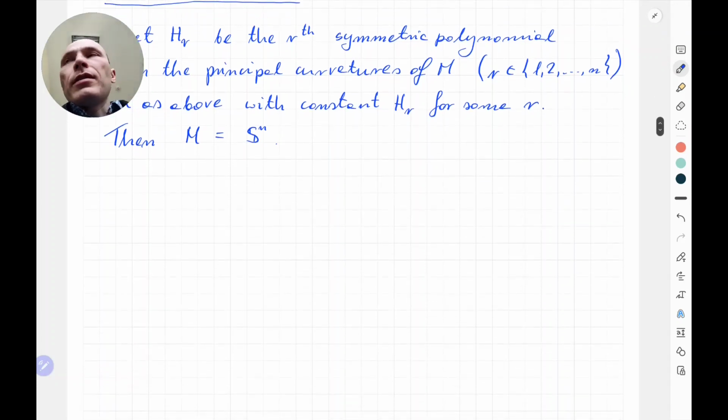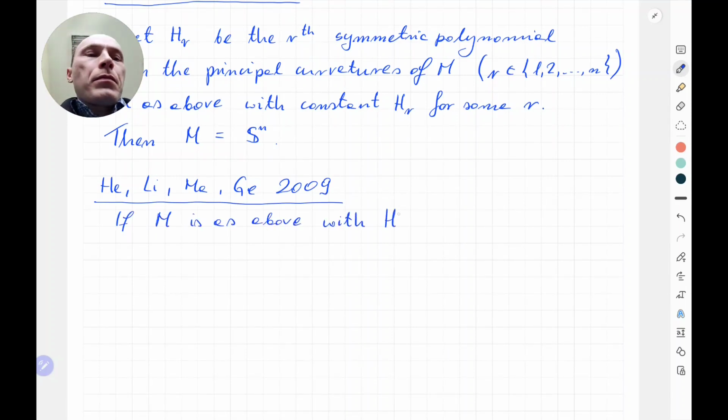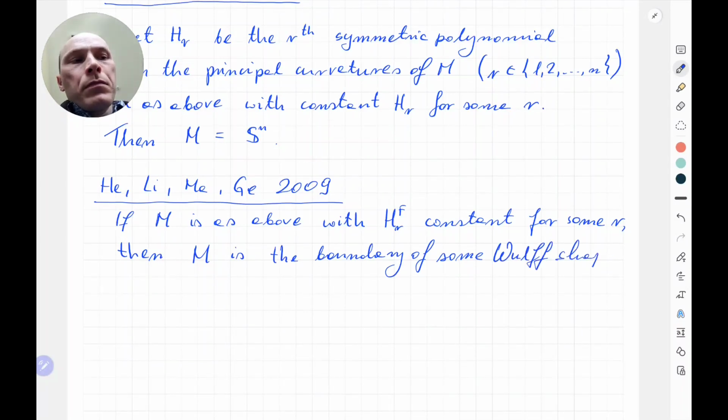And in 2009, He, Li, Ma, and Ge proved that M is just the boundary of some Wulff shape.